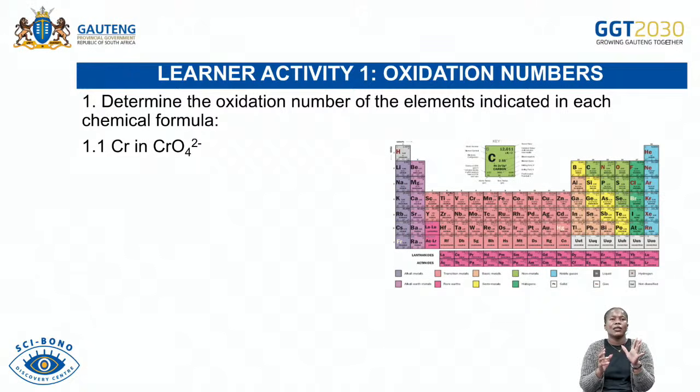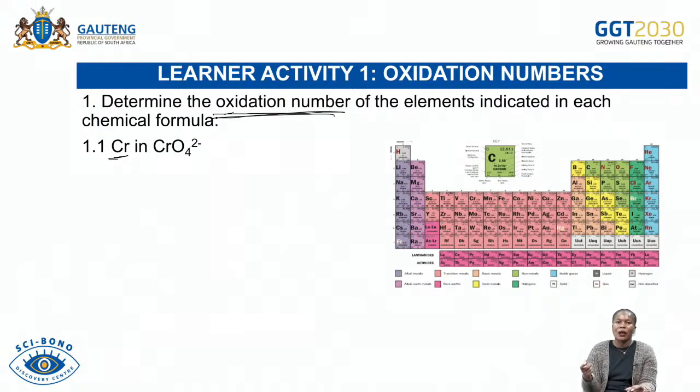This learning activity just says, determine the oxidation number of the elements indicated in each chemical formula. So for 1.1, it says we want to determine the Cr in CrO4 2-. Okay, so the one we're trying to determine in this problem is the oxidation number of Cr, but in a polyatomic ion, which is CrO4 2-.